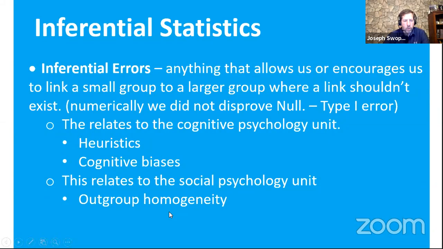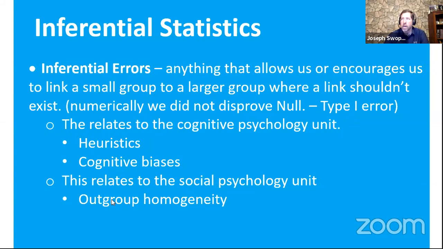It's a little more dark, a little sad: the idea of outgroup homogeneity in the social psychology unit. If you haven't gotten to social psychology, Mrs. Fenton and I will, towards the end of this review, touch upon some of the social psychology ideas. The idea of outgroup homogeneity, I'll explain in a quick phrase. Ready? They're all like that. It's intimately woven into the concept of racism.